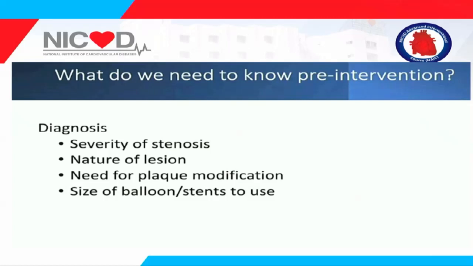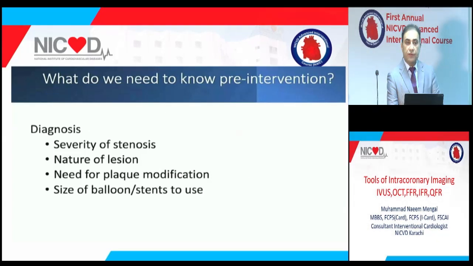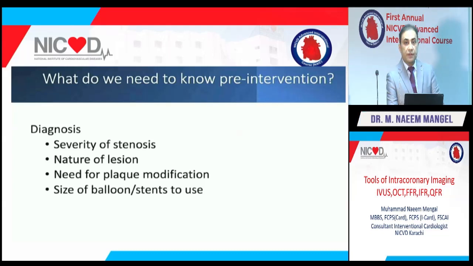In the same way, if there is a fibrotic lesion, we can go for cutting balloons, or if there are simple thrombotic or lipidic lesions, then we don't need many gadgets, and we can go with simple balloons. The other important thing that definitely affects your long-term results is the size of the stent and balloon you use in these vessels.